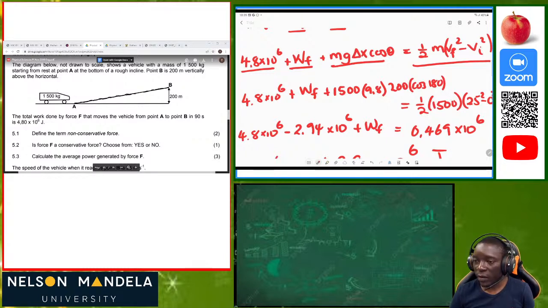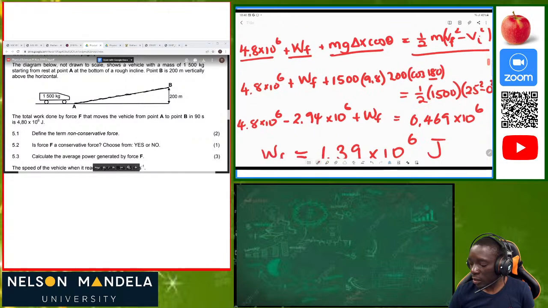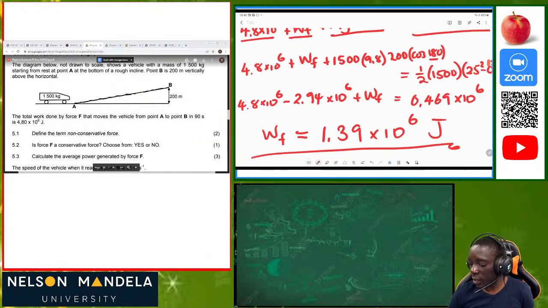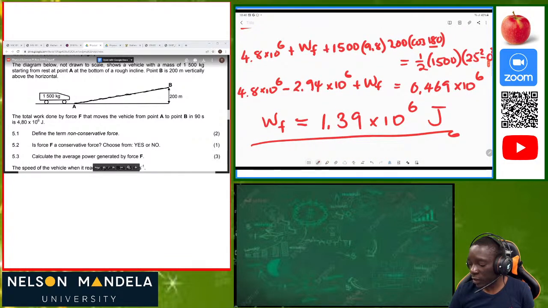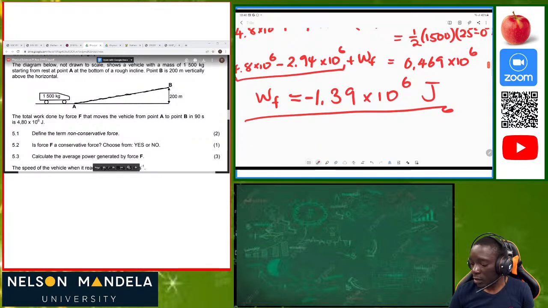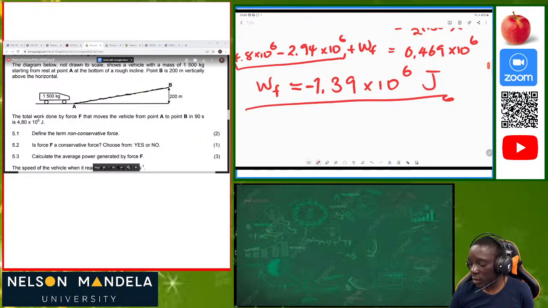If the direction of gravity and the displacement of the object are the same, theta is 0. If they are opposite, theta is 180. This brings in a negative sign for the work done by gravity, and we also get a negative after taking it to the right hand side. So the work done by friction is minus 1.39 times 10 to the 6 joules.